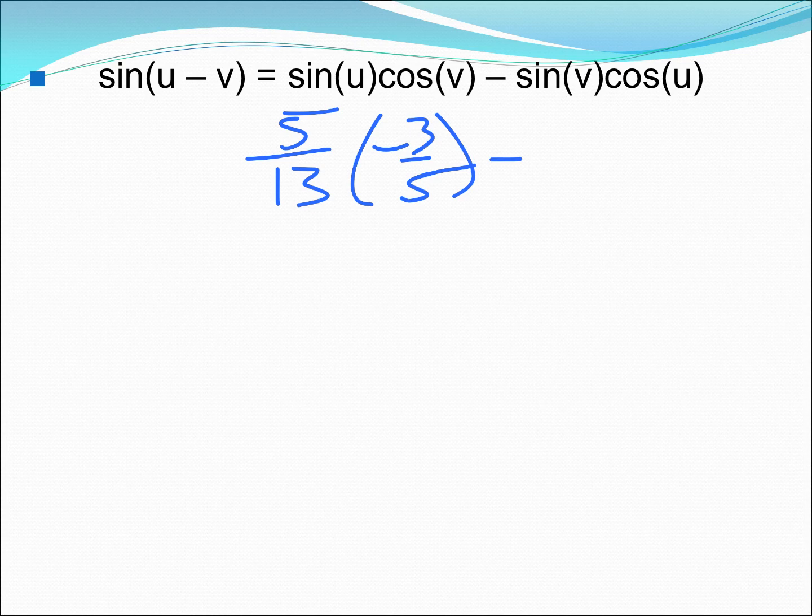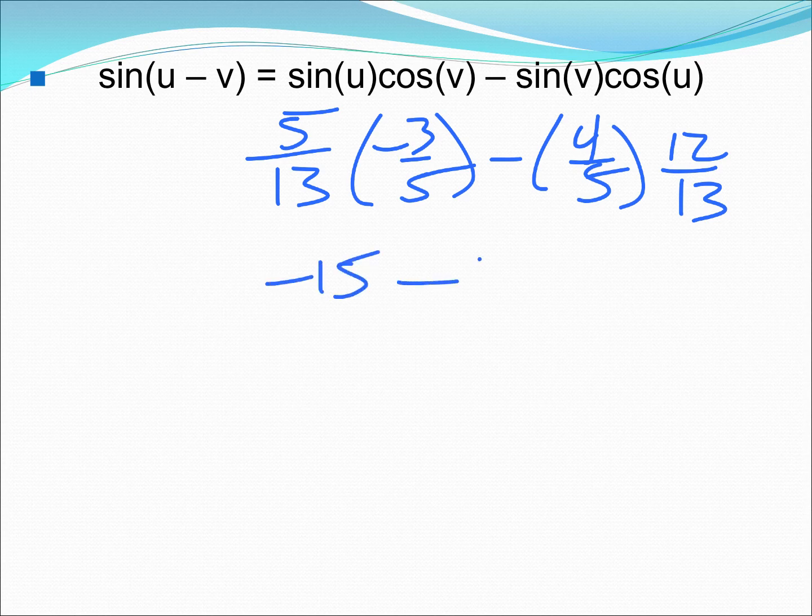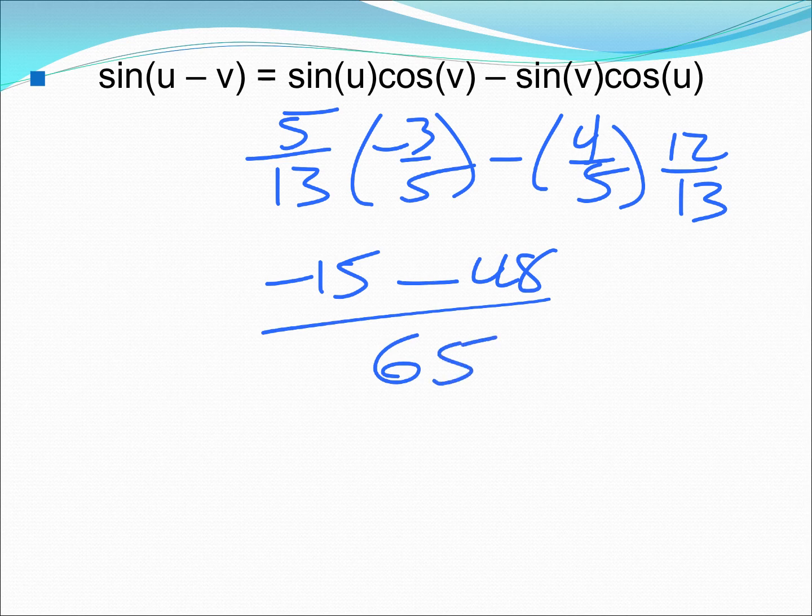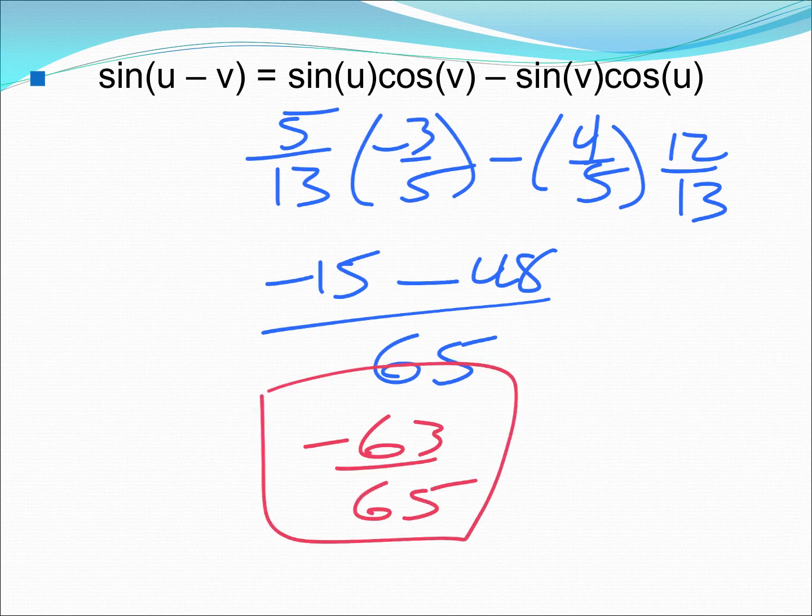We also found the sine of v to be 4 over 5, and the cosine of u is 12 over 13. And when we go ahead and multiply these together, we get negative 15 minus 48 over 65, giving us a final answer of negative 63 over 65. So the sine of u minus v is negative 63 over 65.